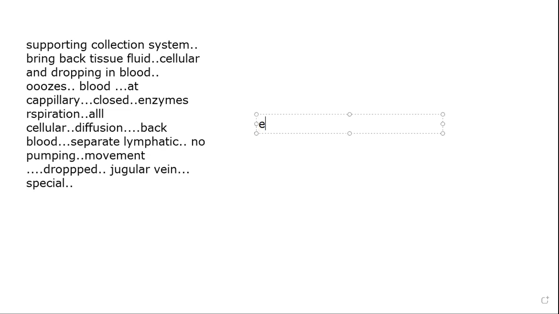The lymph capillary empties into the subclavian vein. Okay, it empties into the subclavian vein. Correct कर लीजिए, not the jugular vein.